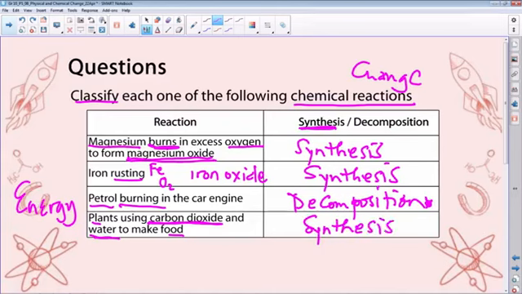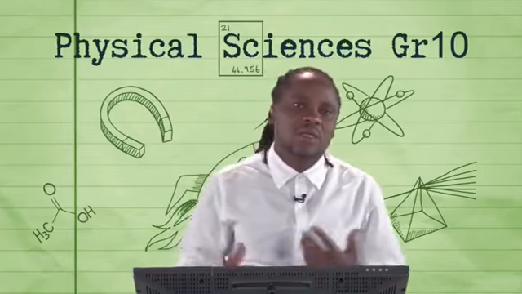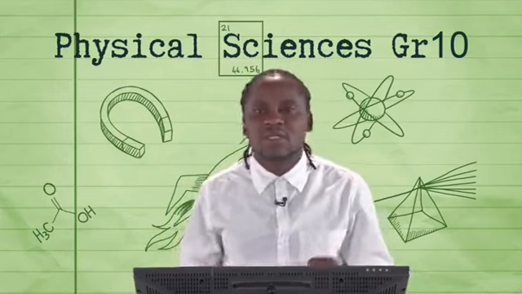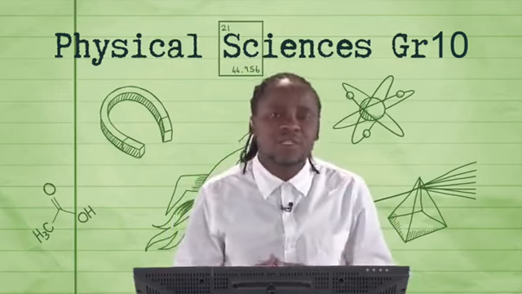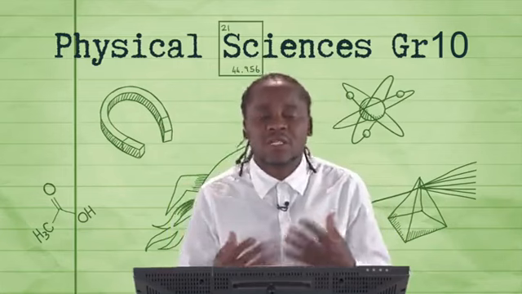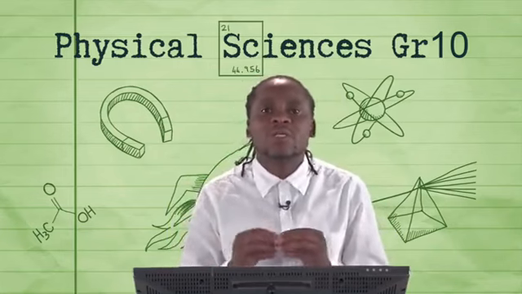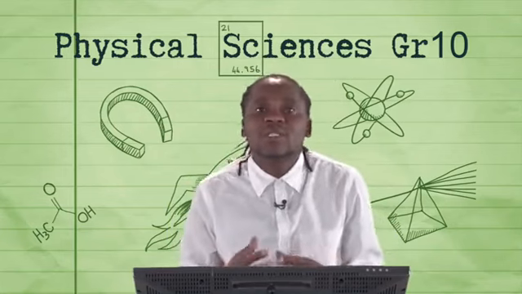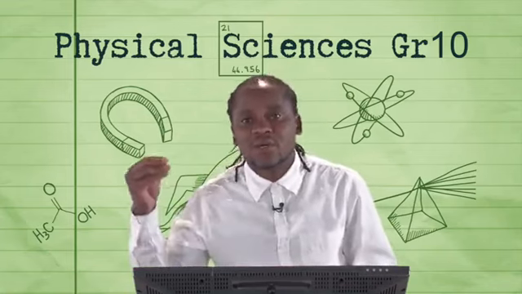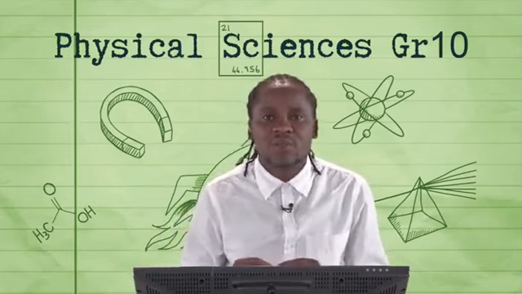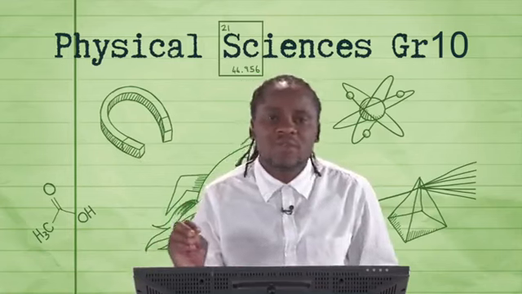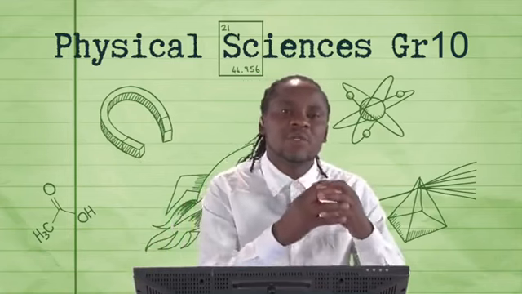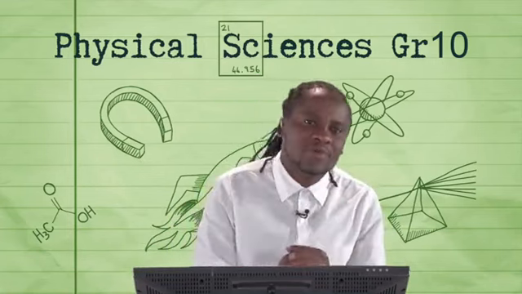Right, folks. Now, that was it for today. The key things that we discussed were the examples of physical change and what exactly happens during a physical change. We also compared and contrasted, showing some differences and similarities between a physical change and a chemical change, with the emphasis that a physical change involves intermolecular forces and the arrangement of particles.